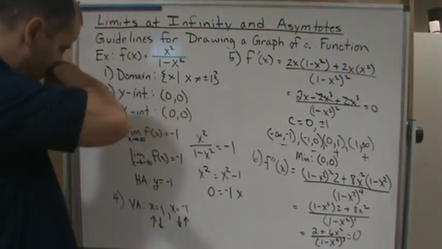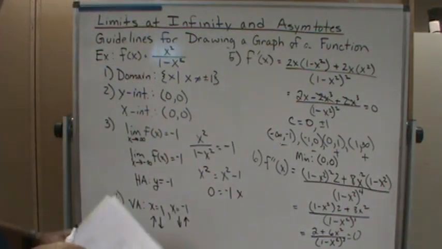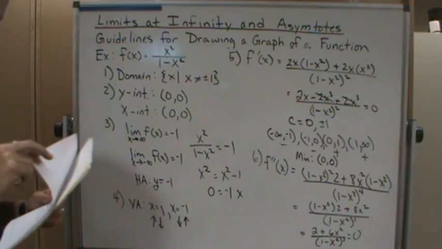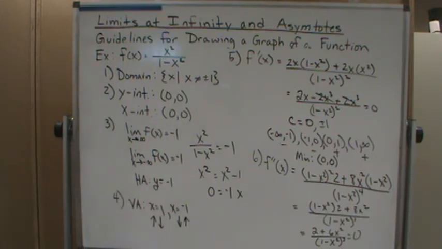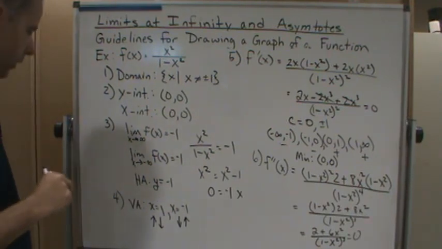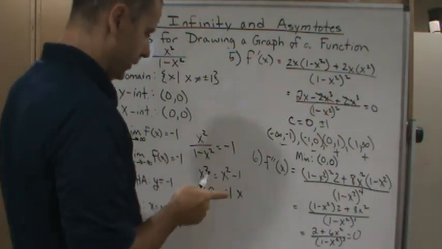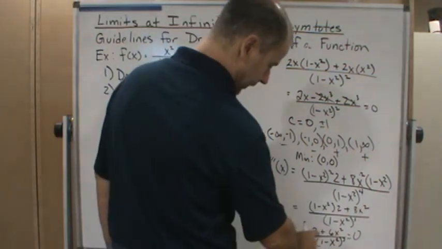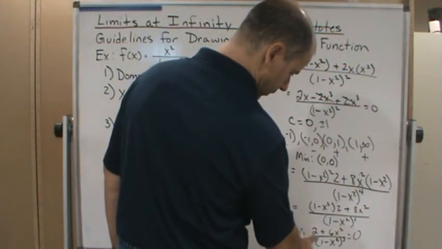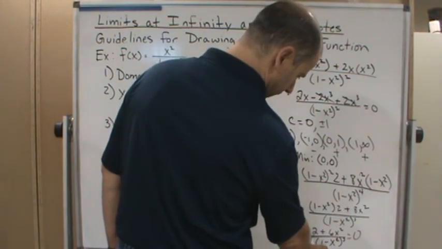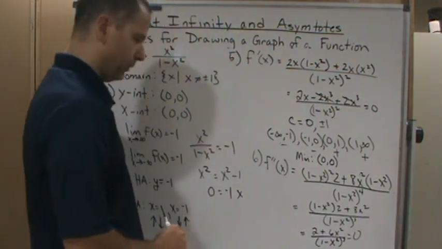Okay? Now, from -1 to +1, so if we plug in 0, what do we get? We get positive over positive. So it's going to be concave up from -1 to 1.